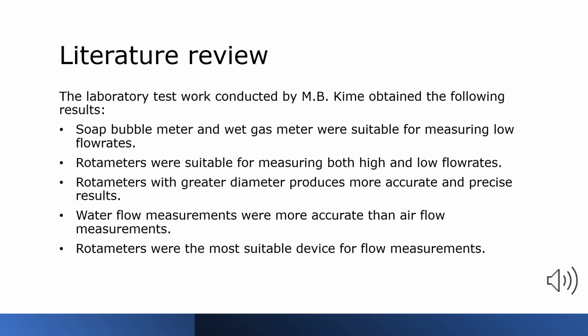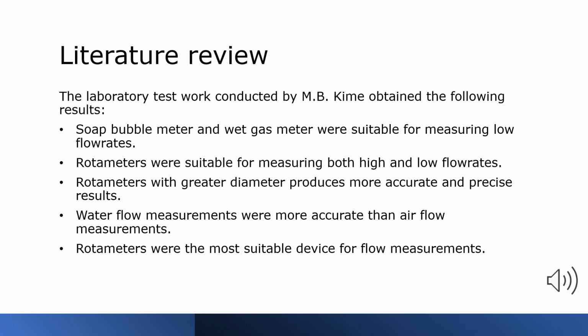The results in a flow measurement laboratory test work conducted by M.B. Kime, where the experiment was aimed at evaluating the accuracy of different flow meters, found the following. Soap bubble meter and wet gas meter were found to be suitable for measuring low flow rates, whereas rotameters were found suitable for both low and high flow rates.